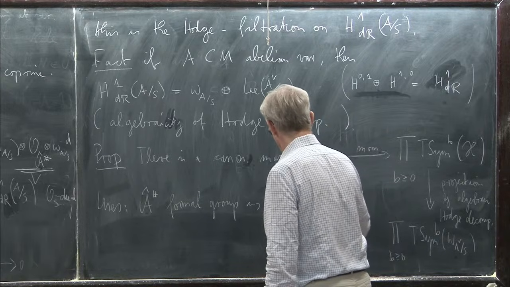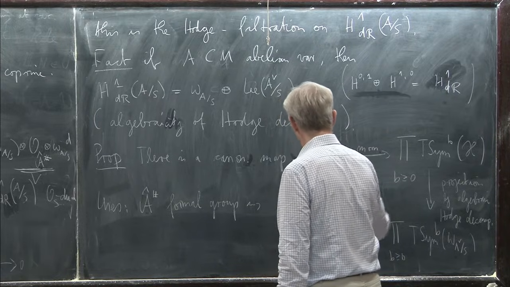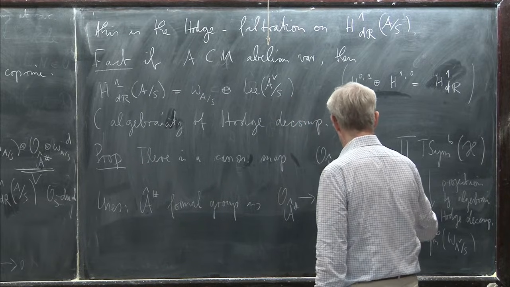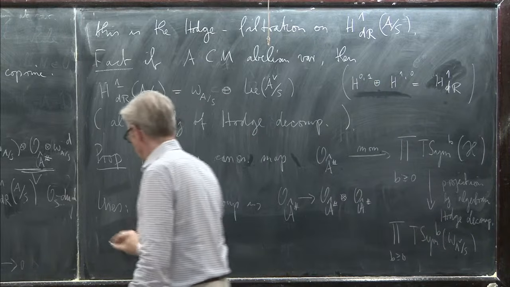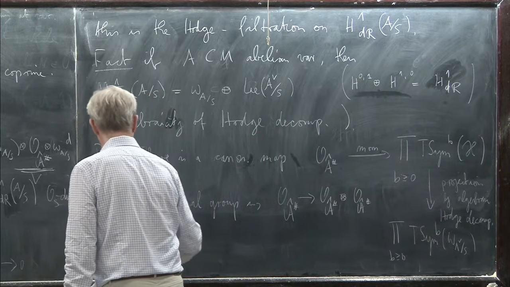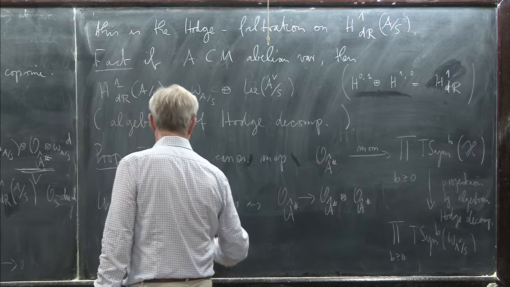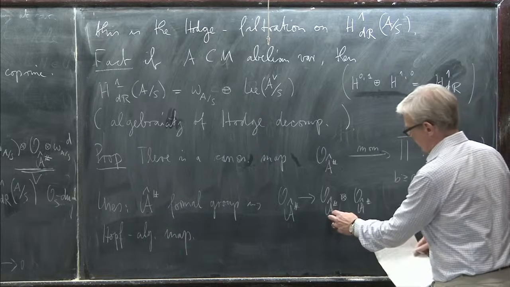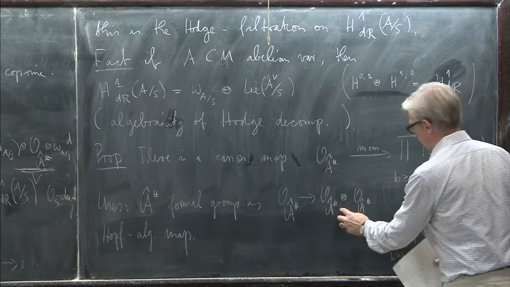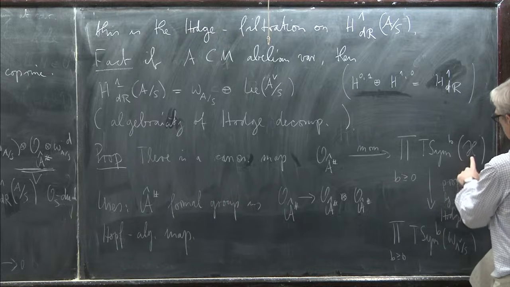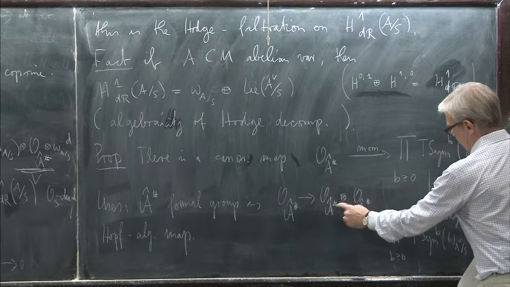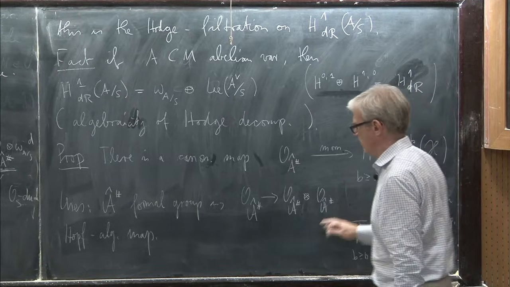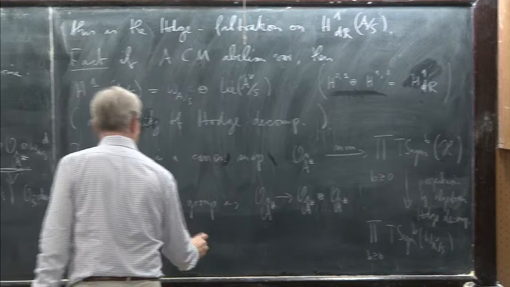So you have a map from OA hat sharp to OA hat sharp tensor OA hat sharp, a Hopf algebra map. And if you iterate that and go then to the first infinitesimal neighborhood, in this first infinitesimal neighborhood you see the sheaf H. And if you take then B symmetric powers, you get that map. That's a little bit technical, but that is the essential input.